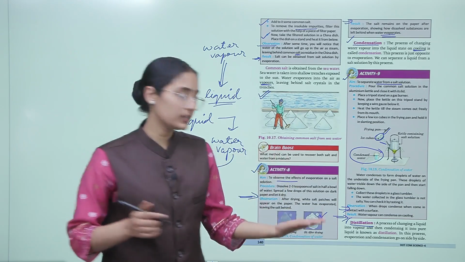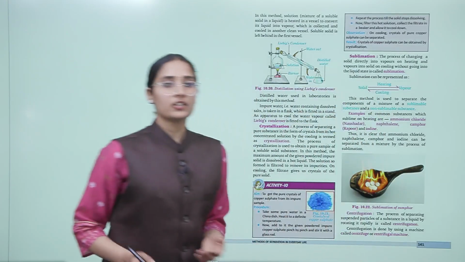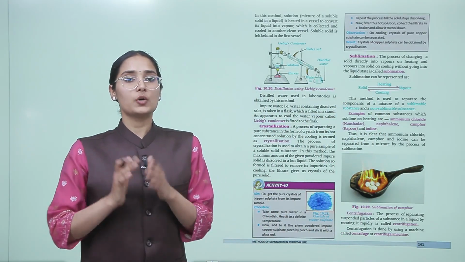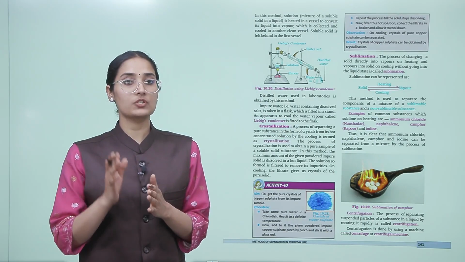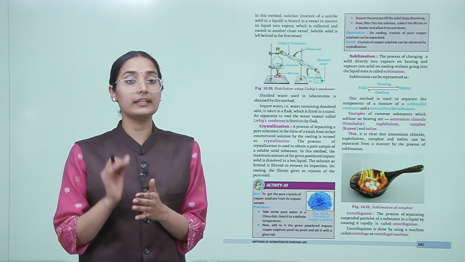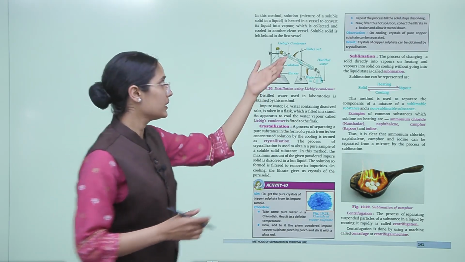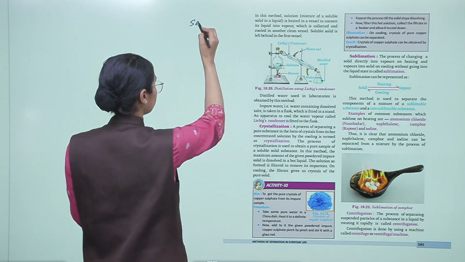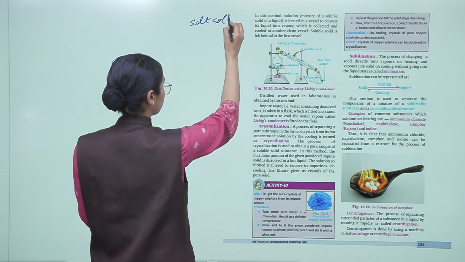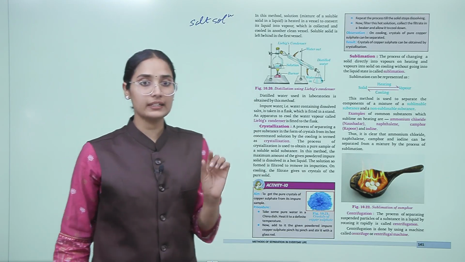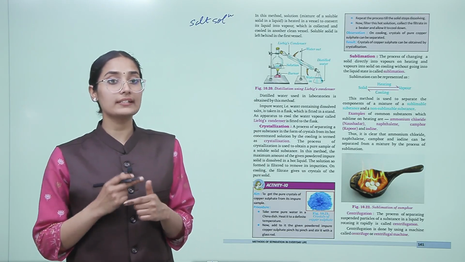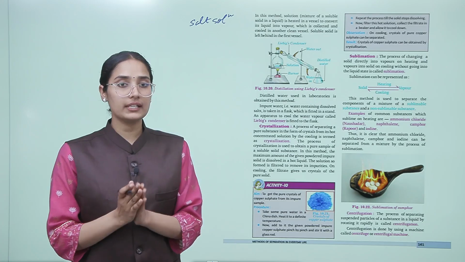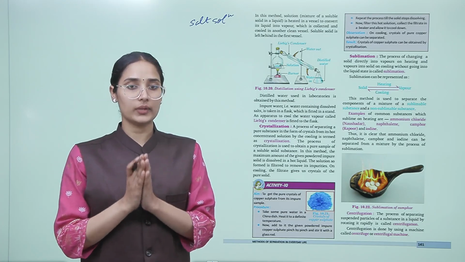Now let's go to the next page. So in this method, a solution, which is a mixture of a soluble solid in a liquid, let's say the salt solution, is heated in a vessel to convert its liquid into vapor, which is collected and cooled in another clean vessel.